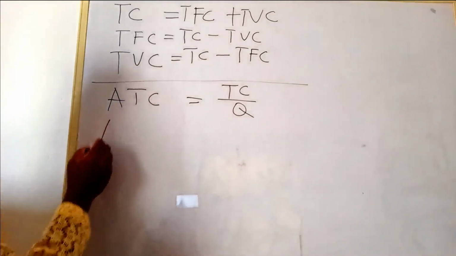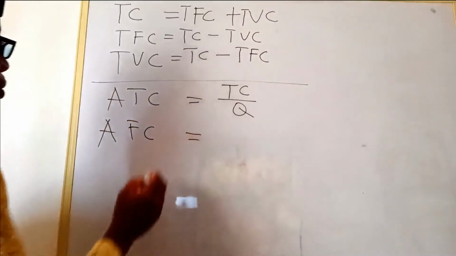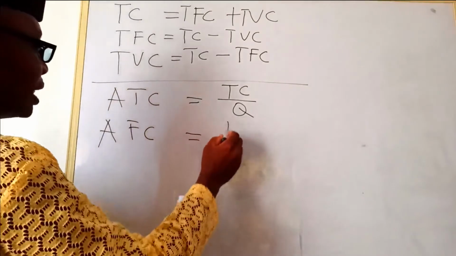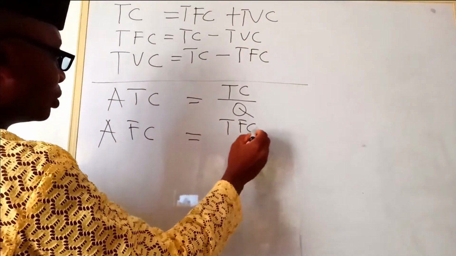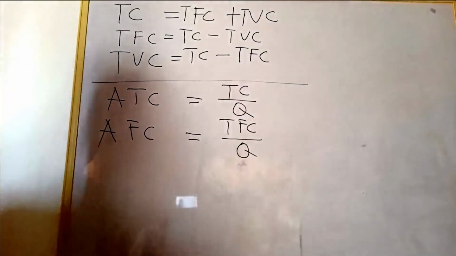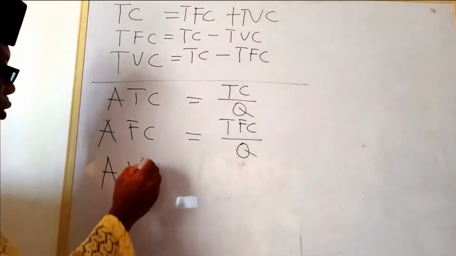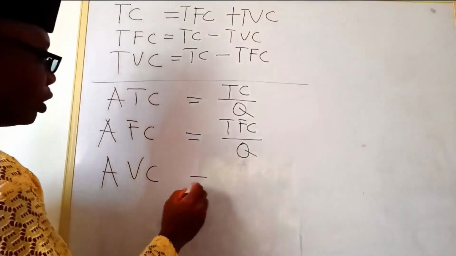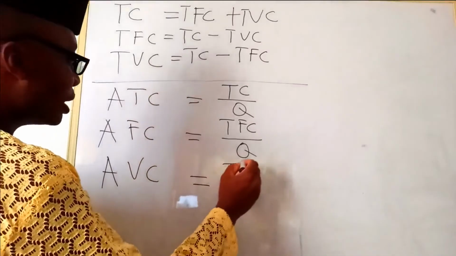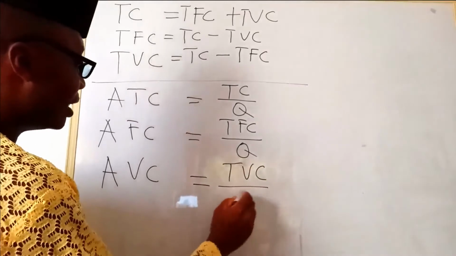Also, average fixed cost equals total fixed cost divided by the quantity. We also have average variable cost, which equals total variable cost, TVC, divided by the quantity.